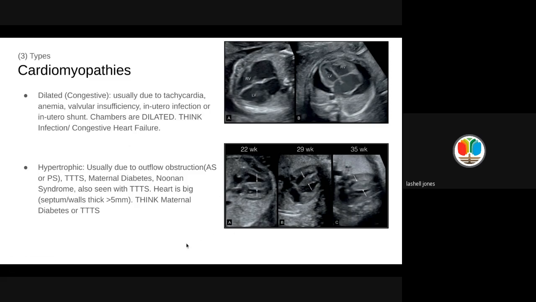But what else is going to be thickened is the septum walls. Okay. Septum walls will be thick. And when we say thick, it's going to be greater than 5 millimeters. Okay. So when you see that the walls are thick with an enlarged heart, you want to think maternal diabetes or twin-to-twin syndrome if you're in that scenario.